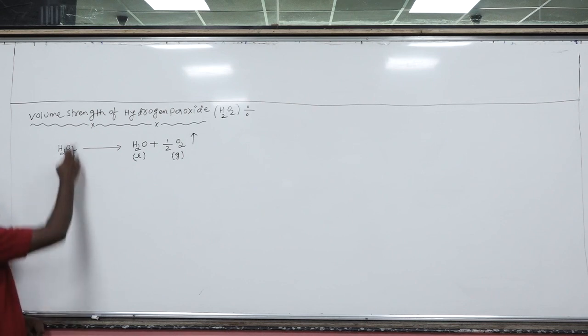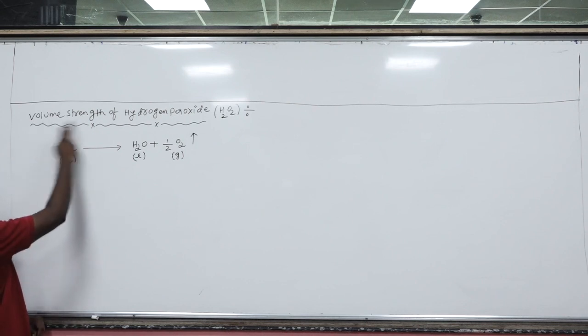Now how to express the concentration of hydrogen peroxide in terms of volume strength?